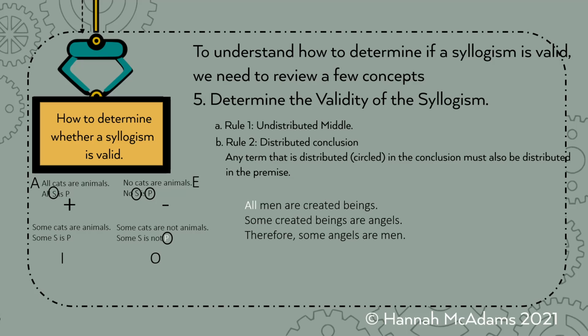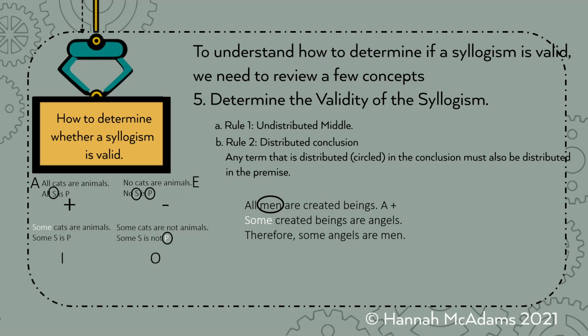So this is an all, which is an A statement, which is positive. I'm going a little faster this time. The subject is circled, so we're going to circle men. Here, some created beings are angels, so it uses the word some, which is an I statement.